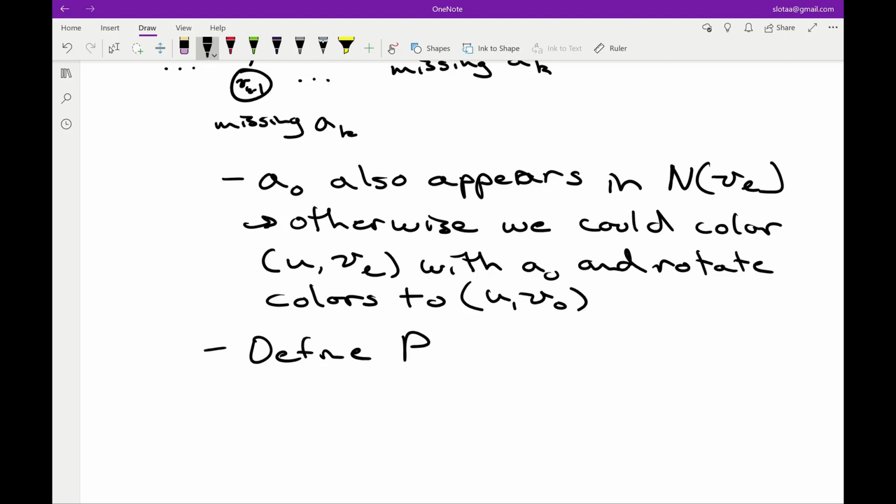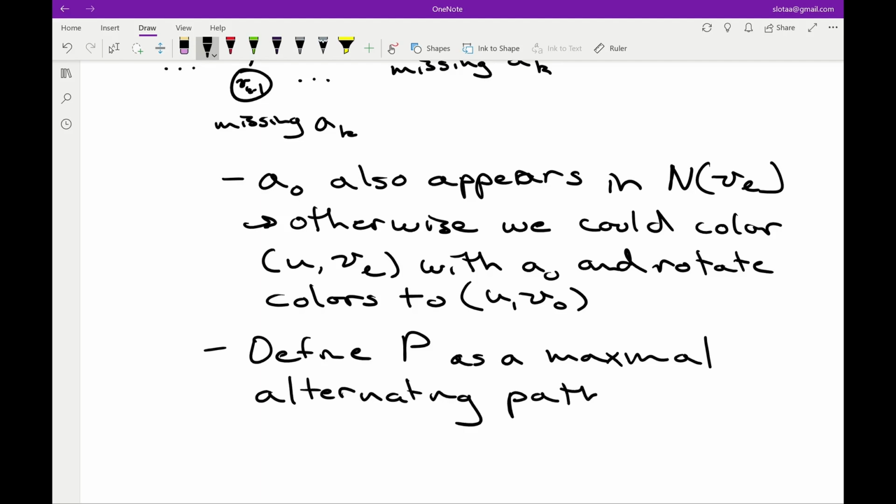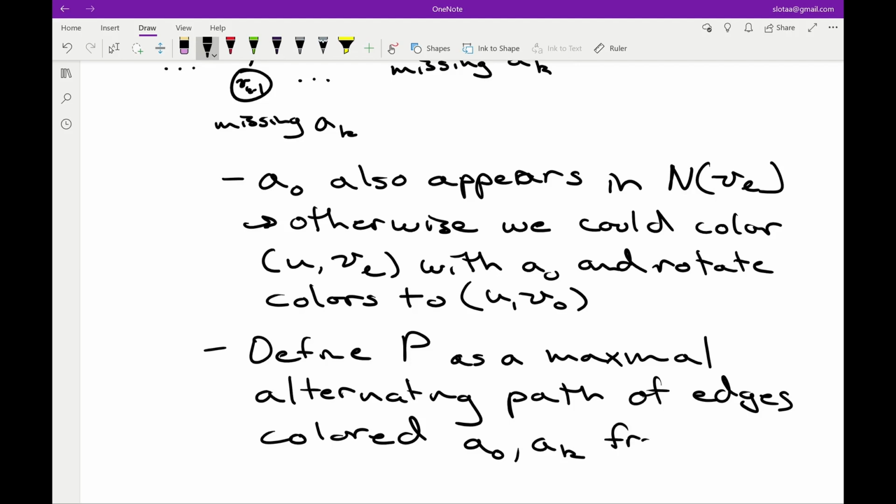So define P as a maximal alternating path of edges colored A naught, A sub K from V sub L.